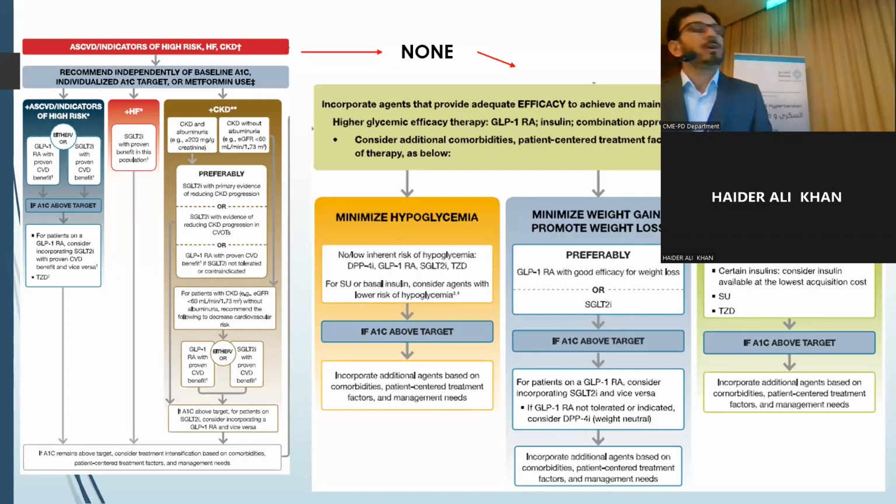If heart failure, on SGLT2 inhibitors, and vice versa. If patients have CKD with albuminuria, or without albuminuria with reduced GFR below 60, these patients should also be started on an SGLT2 inhibitor and a GLP-1 receptor agonist.